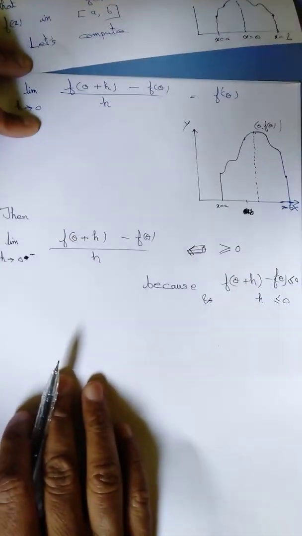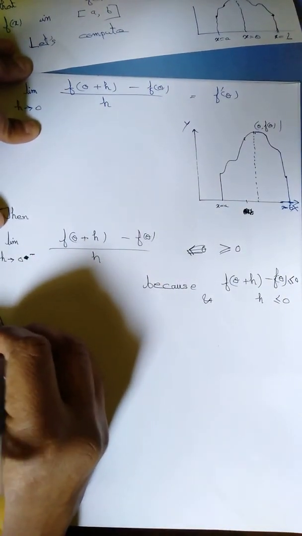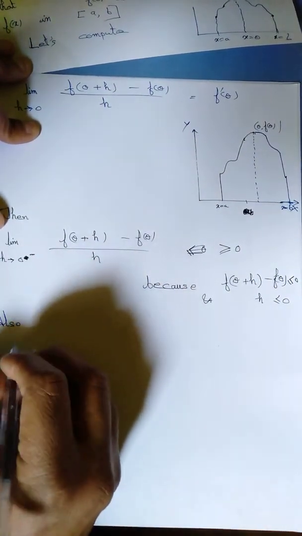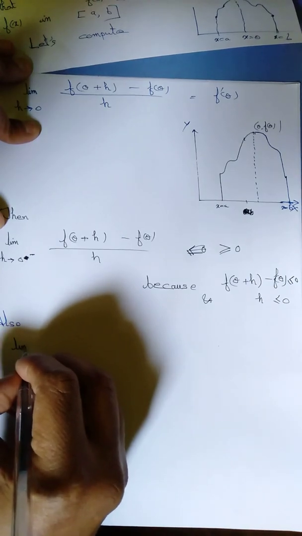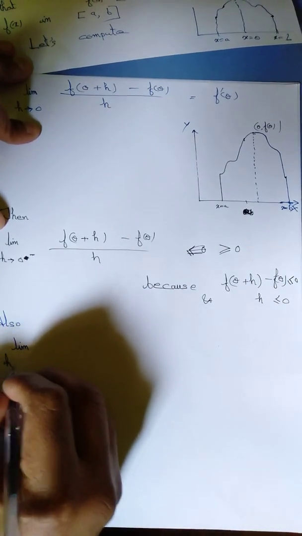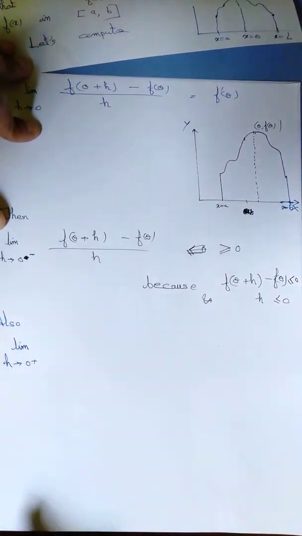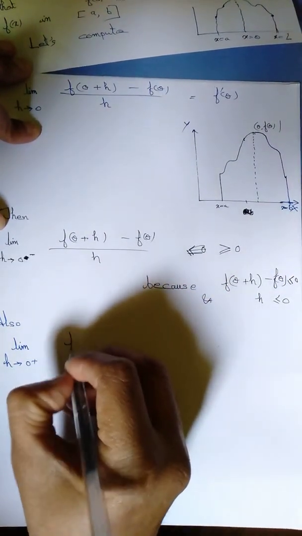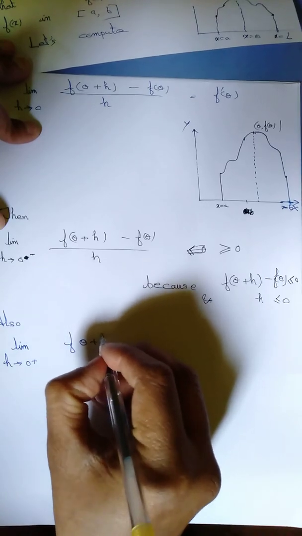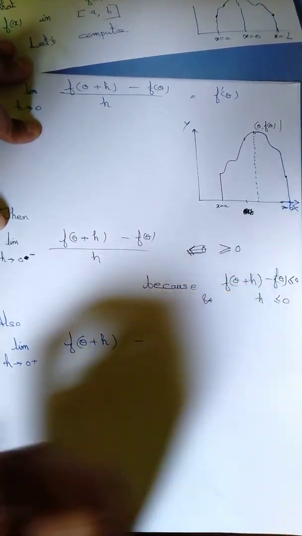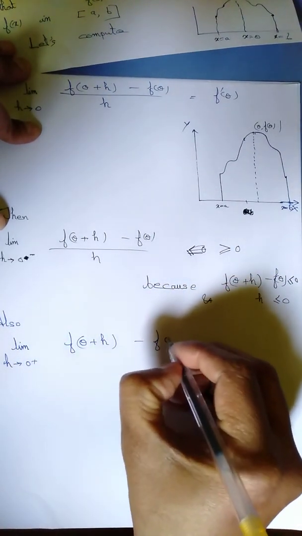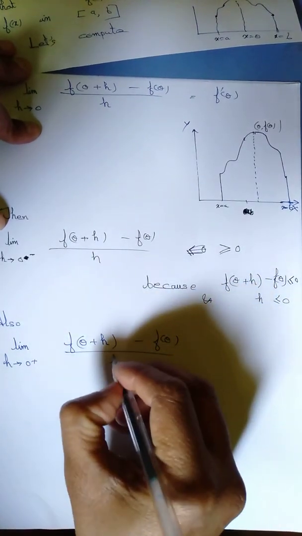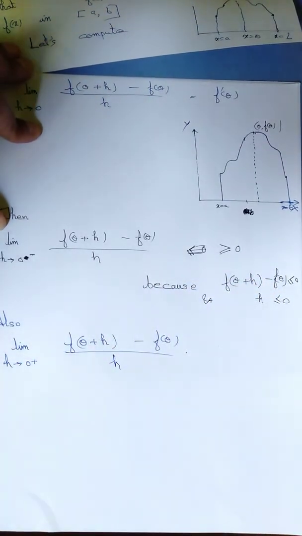What about when I move from the right hand side? Also limit h tends to 0 plus, you are going from the right hand side, f of theta plus h minus f theta by h. What can you say about this?